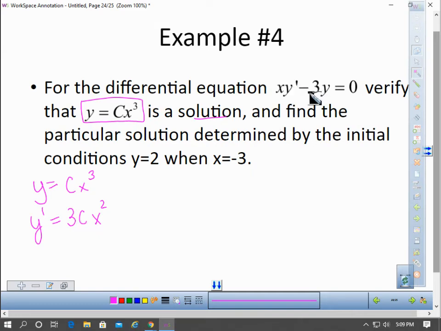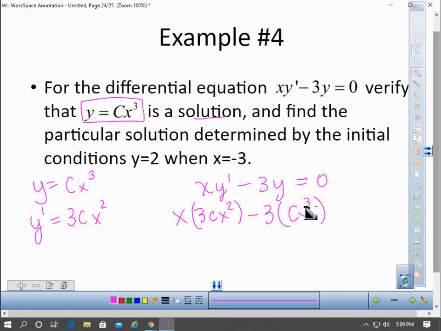All right, so now we want to plug it into this equation, see if it's true. So x times y prime minus 3 times y, is that going to give us a 0 answer? So x times y prime is 3cx squared minus 3 times y, the equation y was cx cubed. Does that equal 0? So let's see here.